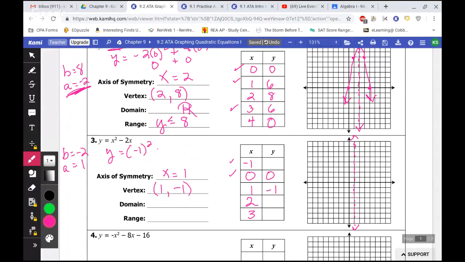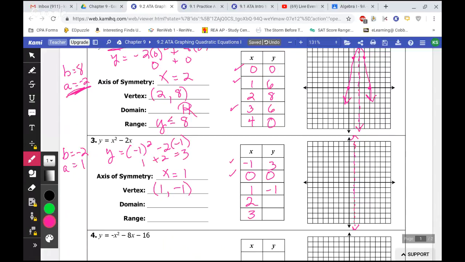Good picks, by the way. -1 squared is 1. -2 times a -1 is a +2. So that equals 3. All right.